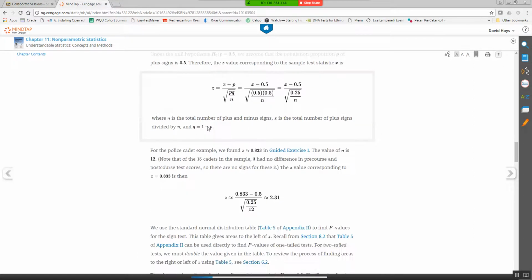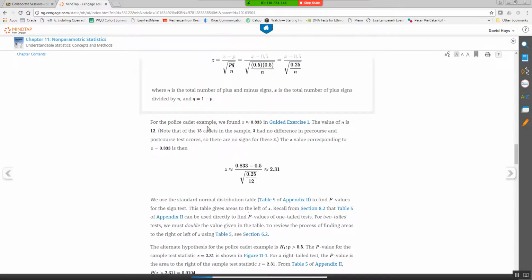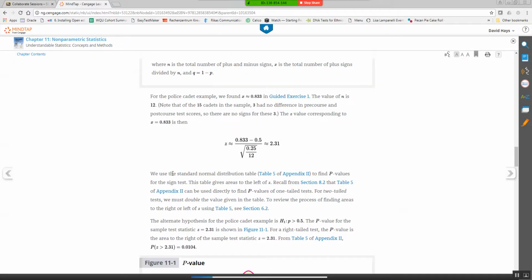And I get down to here. Now this is where you can use Excel. For the most part, you just apply the formula as is. But when I start talking about the standard normal distribution table, you can use the table in the appendix to find your p-values, or you can use technology.